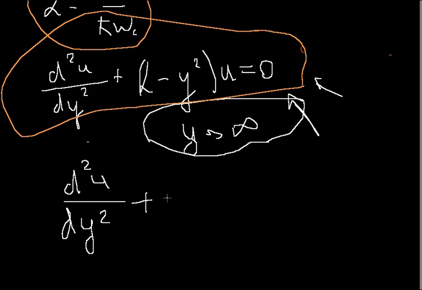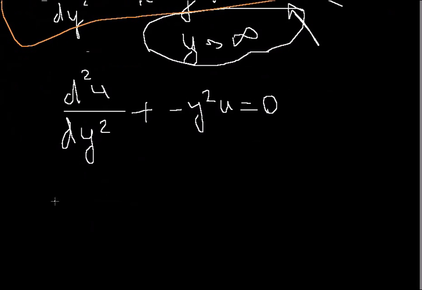The equation becomes: the second derivative of u plus the neglected term, which is 0, equals minus y squared u, equals 0.